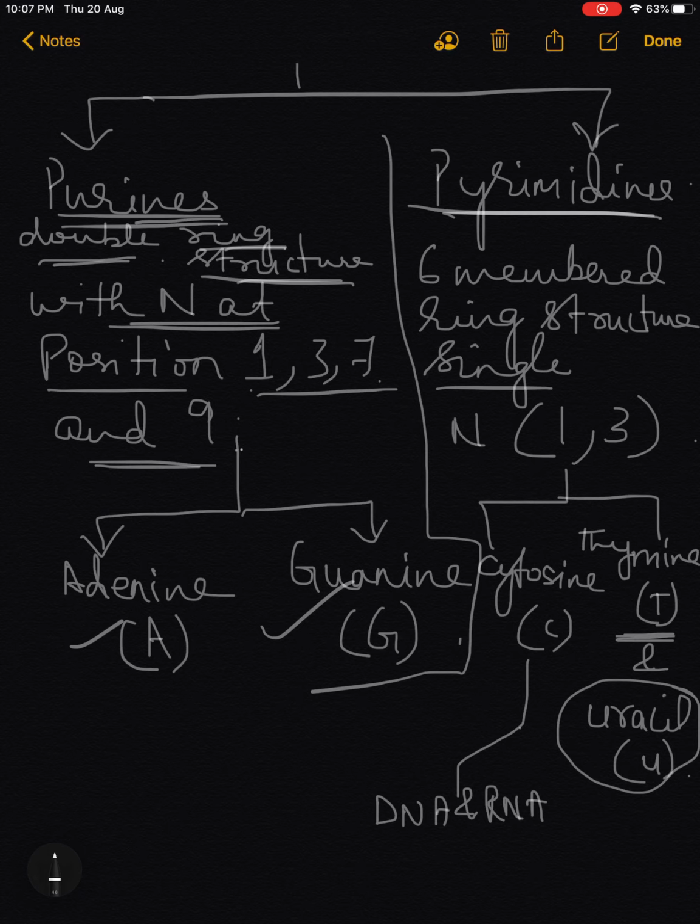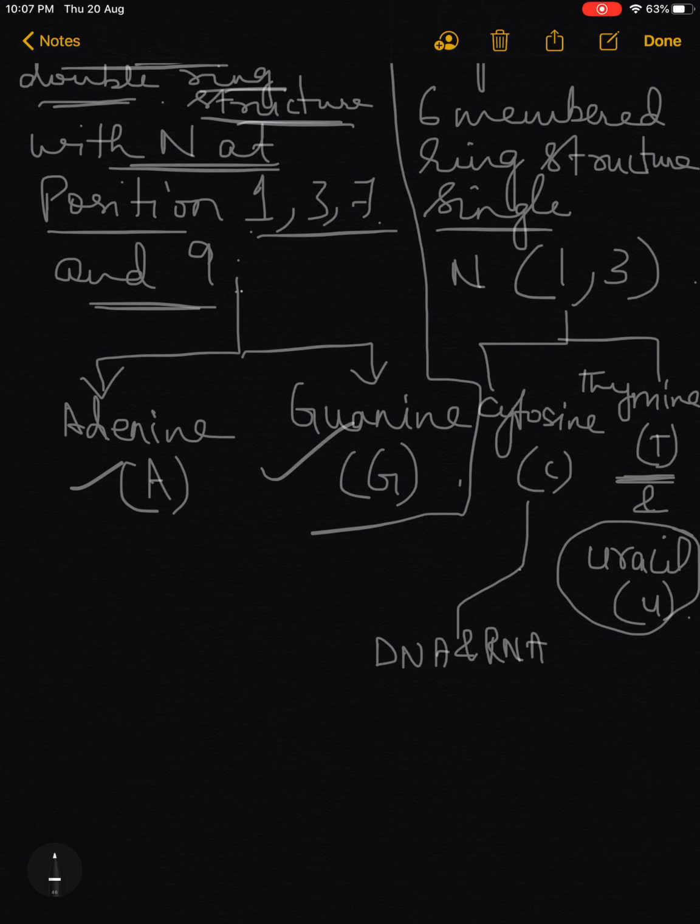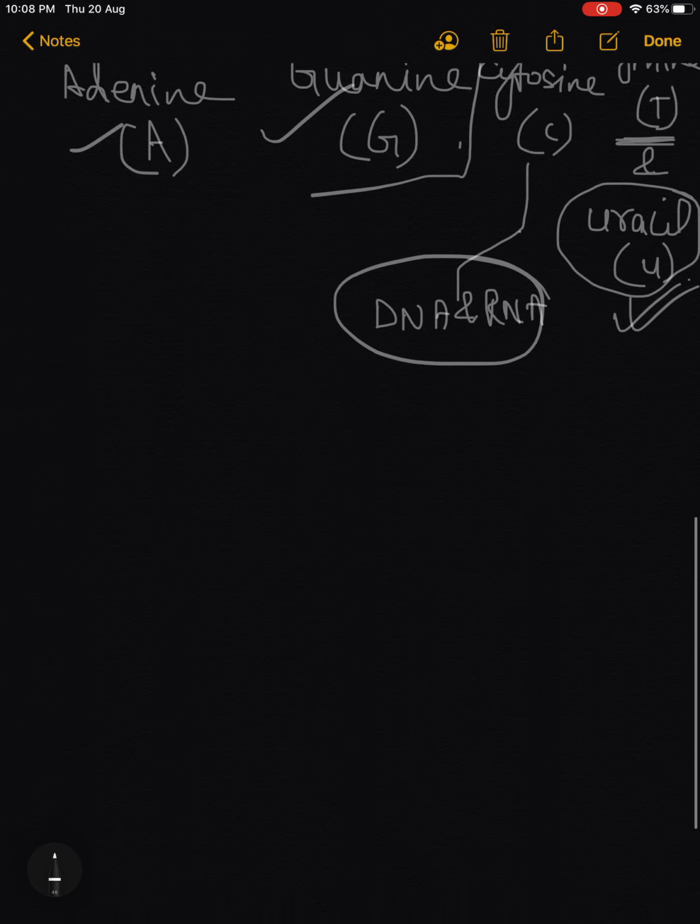Pyrimidines are a 6-membered single ring structure, and nitrogen is placed at first or third position. They are of 2 types, cytosine and thymine. Cytosine is present in both DNA and RNA, but thymine is only present in DNA, and instead of thymine in RNA they have uracil. So this was about the components of a nucleotide.